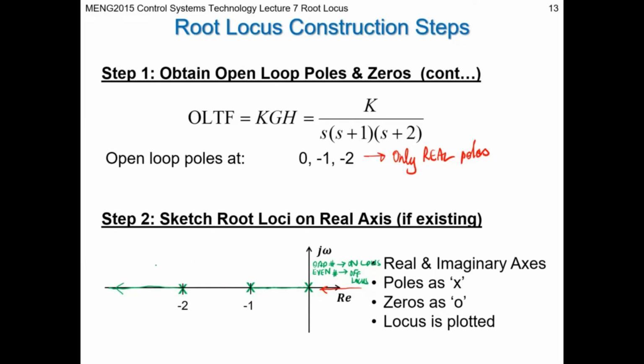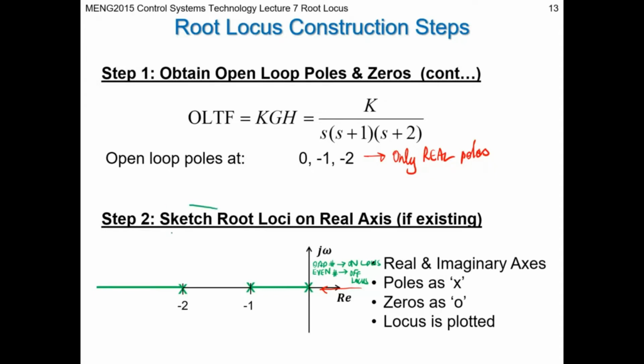If I walk further this way and stand here, looking in this direction, I'm seeing 1, 2, 3 poles on the real axis. Therefore, it's an odd number, and I'm on the locus, and indeed I am on the locus. That's just a trick I teach students to figure out where the locus lies on the real axis. So we can plot locus on this section, locus on this section.